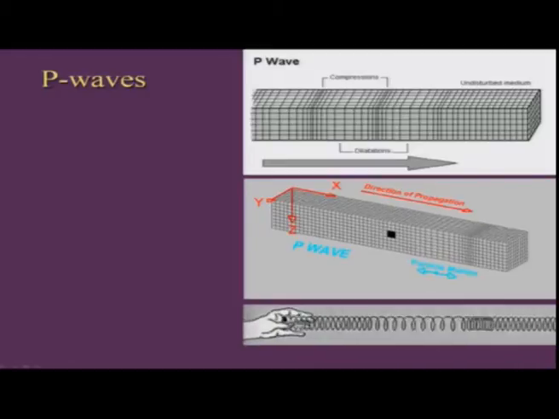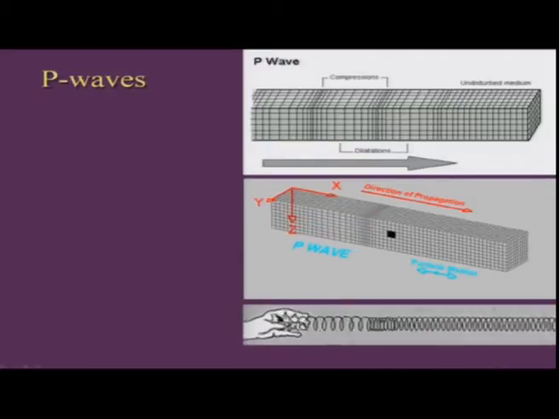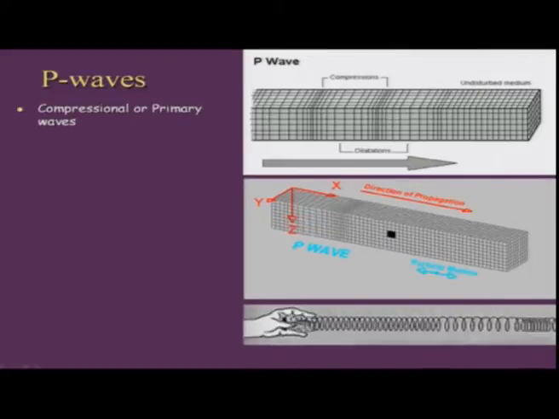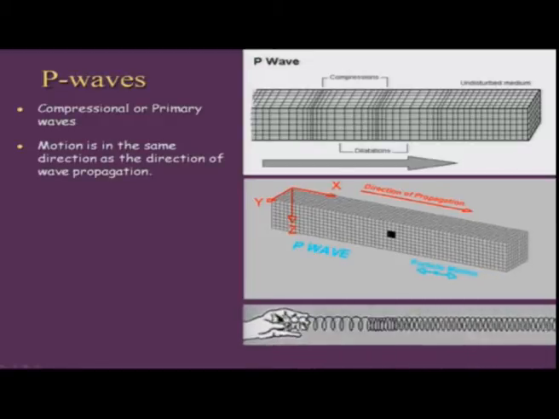So the movement is in the direction of propagation, but it pushes and pulls the particles. So this is a very typical nature. They are basically the compressional waves, which we term primary waves. Motion is in the same direction as the direction of propagation.